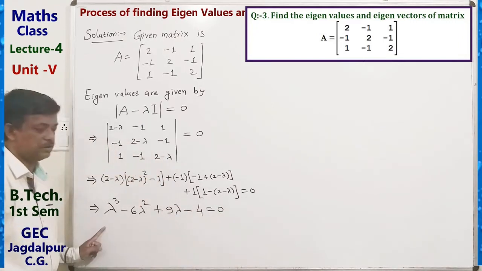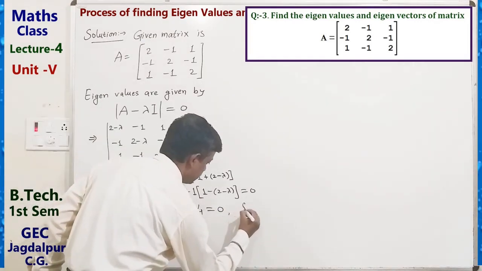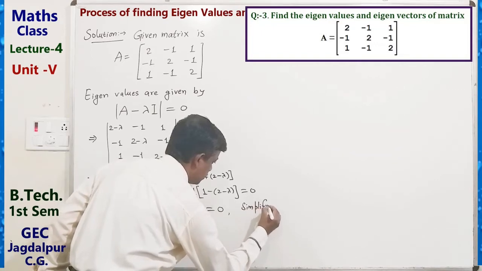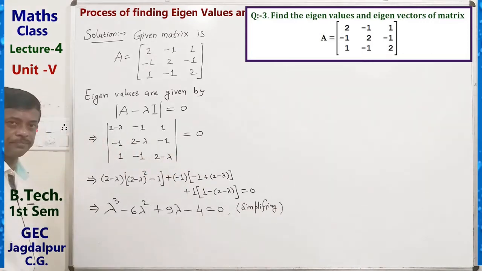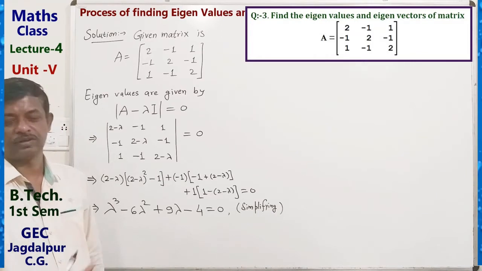Just simplify it. Fine. We have to find 3 values of lambda. This is cubic. Now solve it.